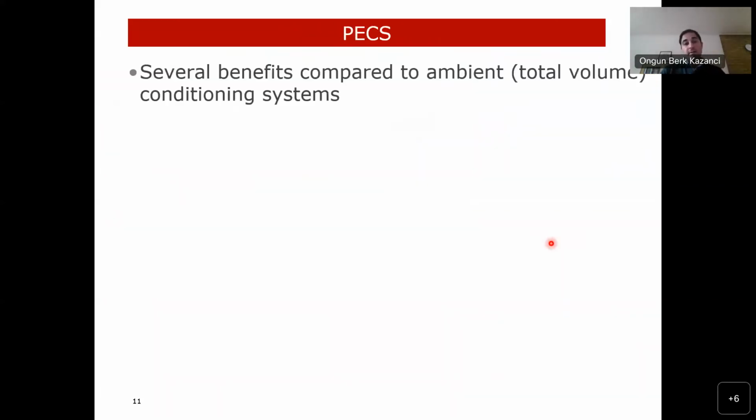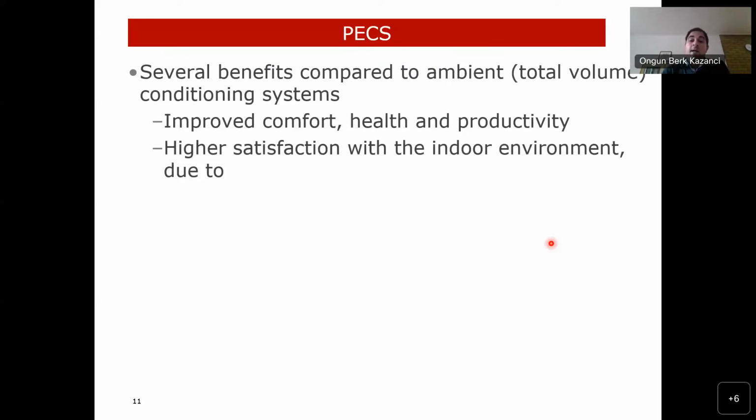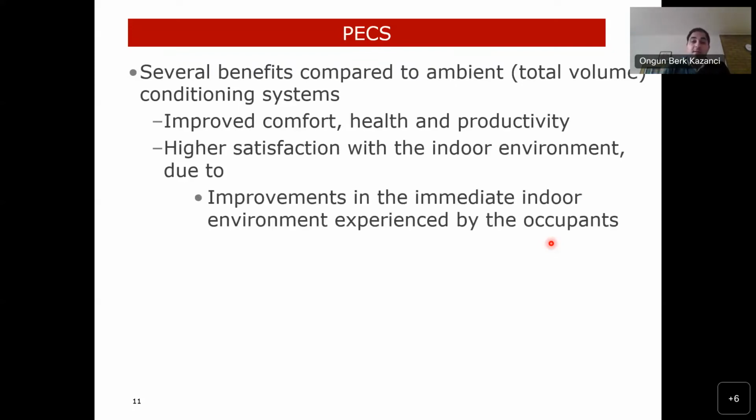So again, these systems also have several benefits compared to total volume conditioning systems, such as they could improve comfort, health, and productivity of the occupants. People have been shown to have a higher satisfaction with the indoor environment, mainly due to two reasons. The first one being the improvements in the actual immediate indoor environment that is experienced by the occupants.